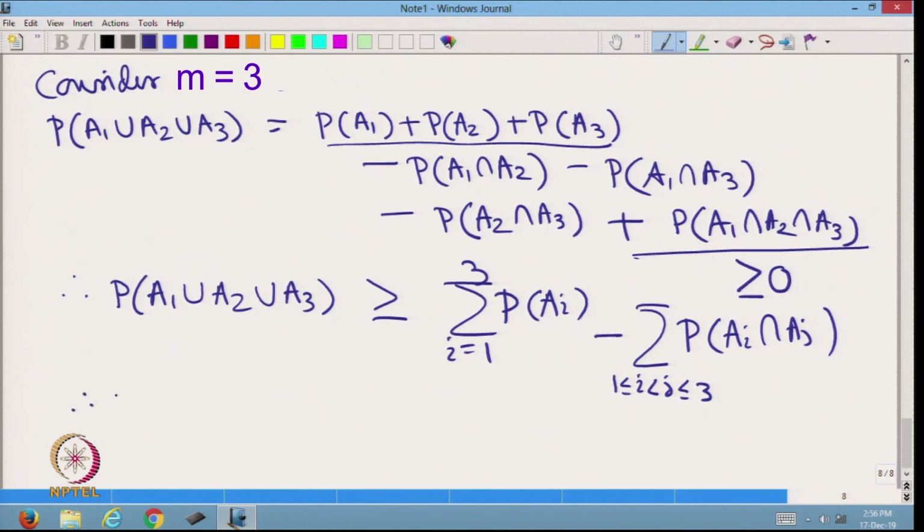Therefore, the inequality holds for m is equal to 3.